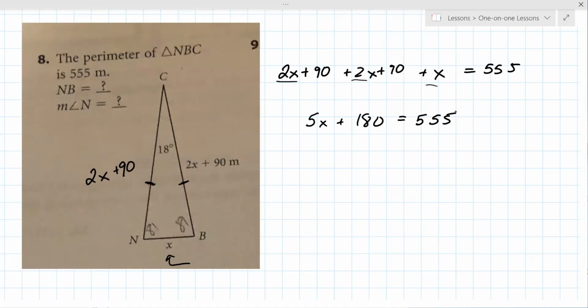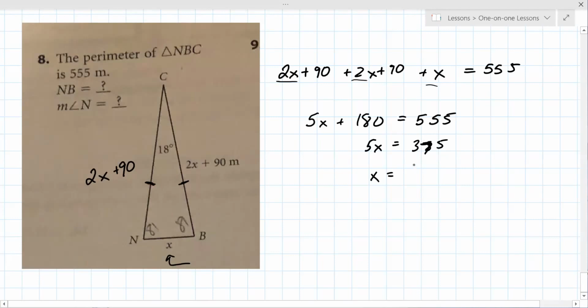So if we subtract 180 from both sides, that's going to get us down to 375. Sorry, wrong number there. And then 5 goes into 375. So 5 goes into 100 20 times.